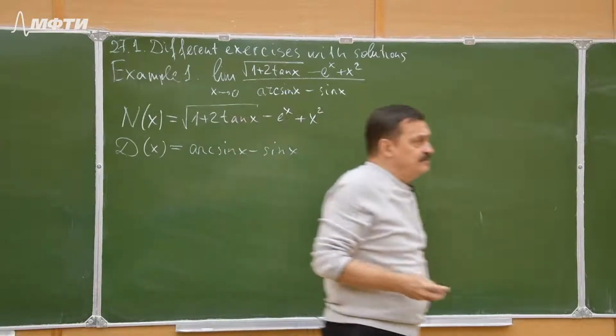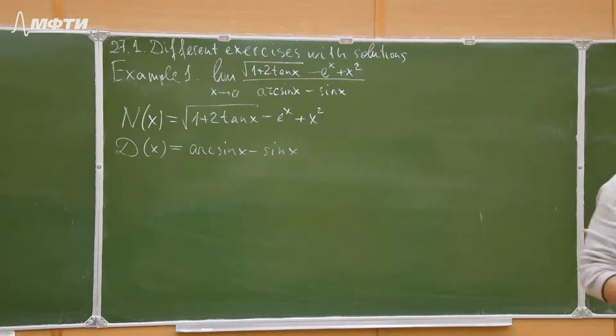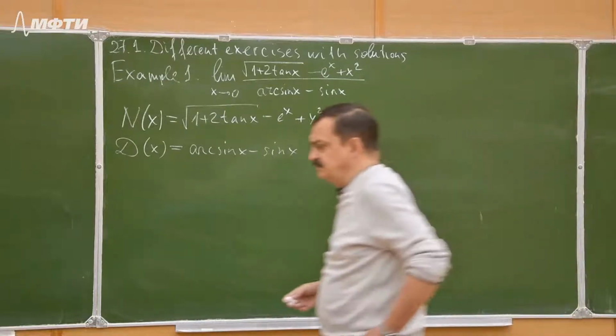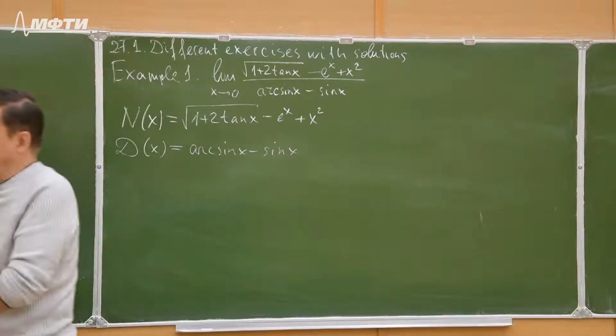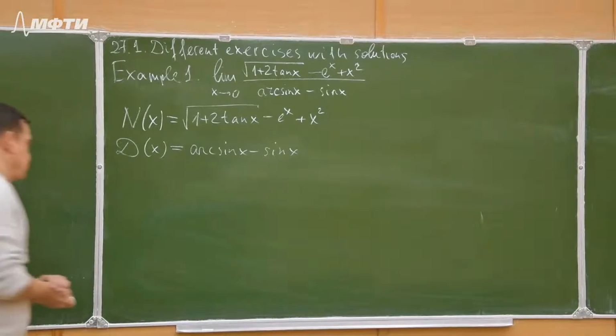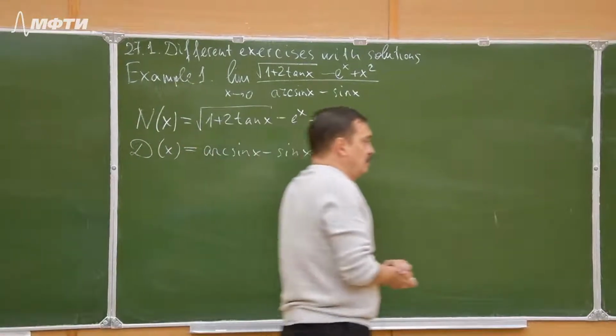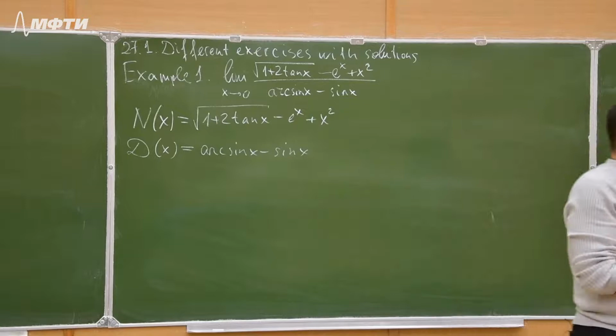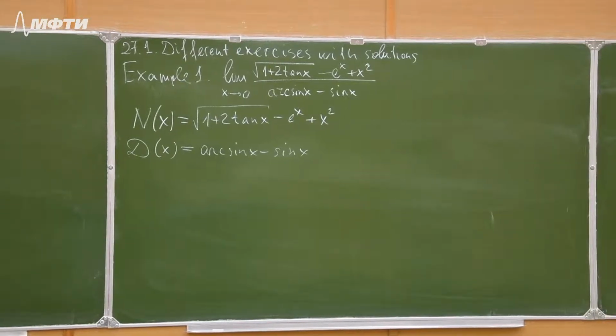The first step is to understand how long we should proceed in finding asymptotic expansions. There are two possibilities to decide what to do.